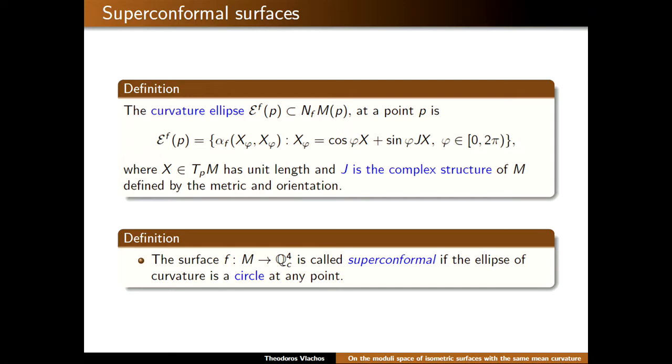If you have a surface in a 4-dimensional space form, the curvature ellipse is just the image under the second fundamental form of the unit circle on its tangent plane. A surface is called superconformal if the ellipse of curvature is a circle at every point.